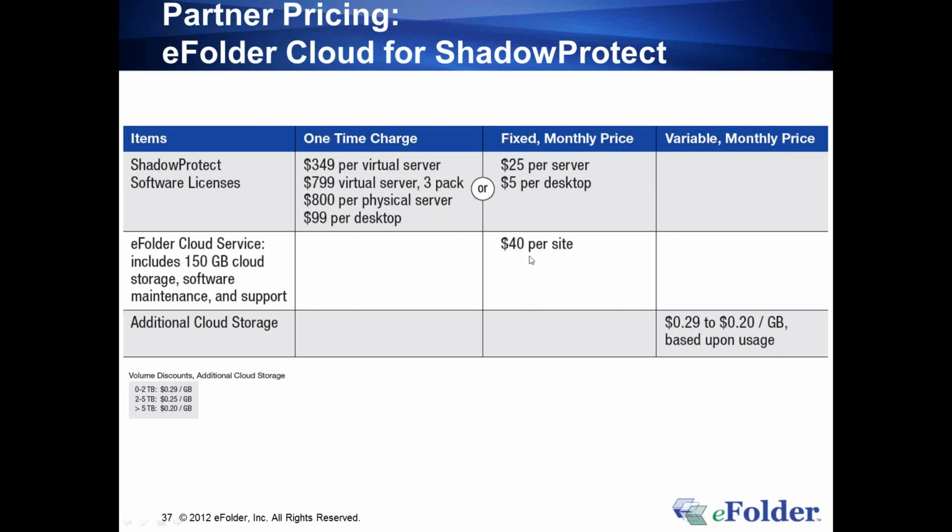And then the way the rate plan works is it's $40 per site, and that includes 150 gigs of storage in the eFolder cloud. And then additional gigs for anything over that go from 29 cents down to 20 cents based upon your total volume. And this is the volume rate schedule down below.